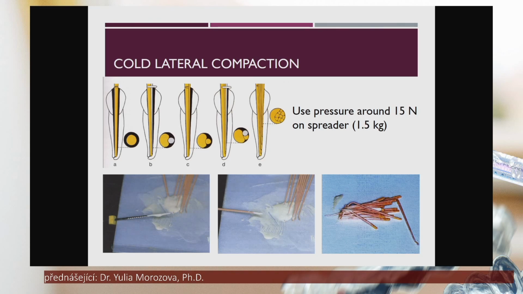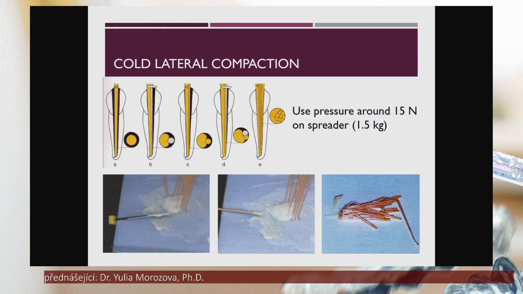Then we will use the plugger, the spreader, like we can see in the picture, and put the spreader along the master apical cone, and gradually press with this spreader onto the master apical cone toward the side.